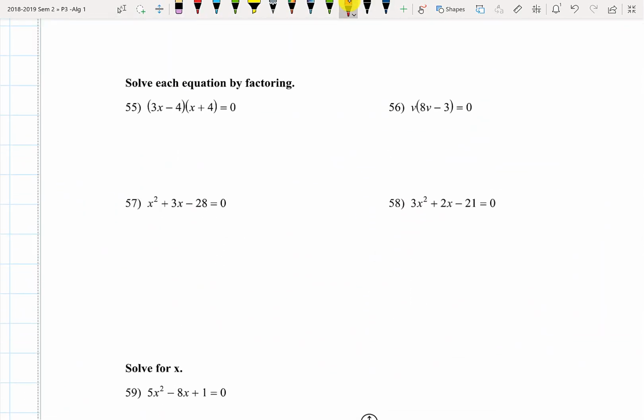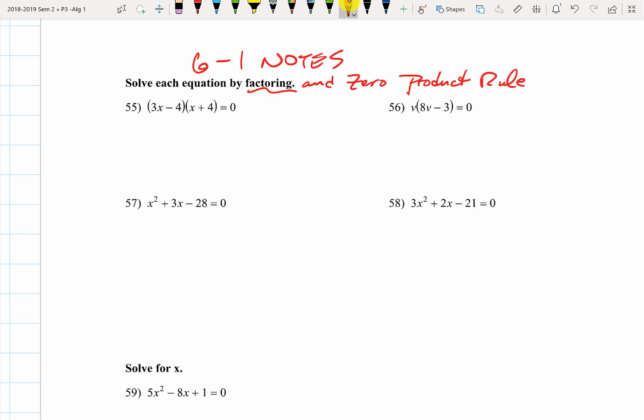On this one, you want to use factoring and the zero product rule, because this is used a lot. If you look in your notes, section 6.1, I believe, you will find a lot of examples there. So here, we just set each factor equal to 0, because it's already a zero product. This one's easier than you think.